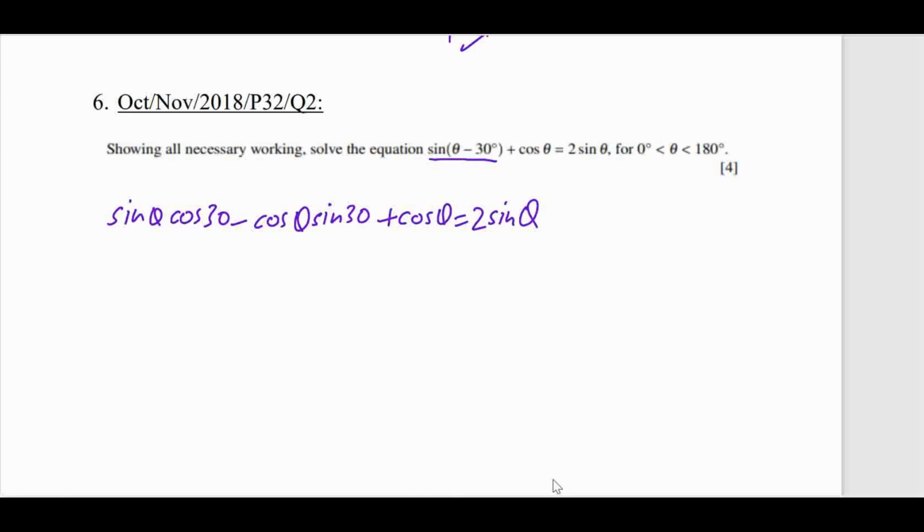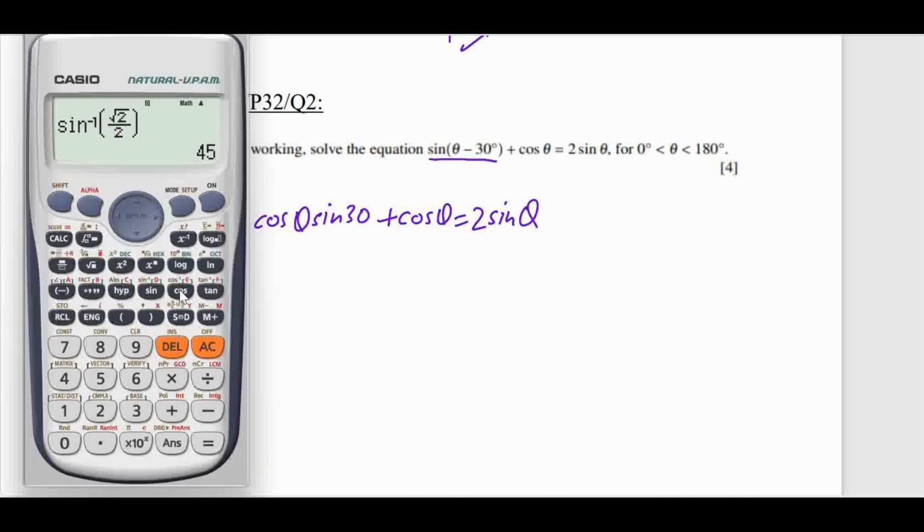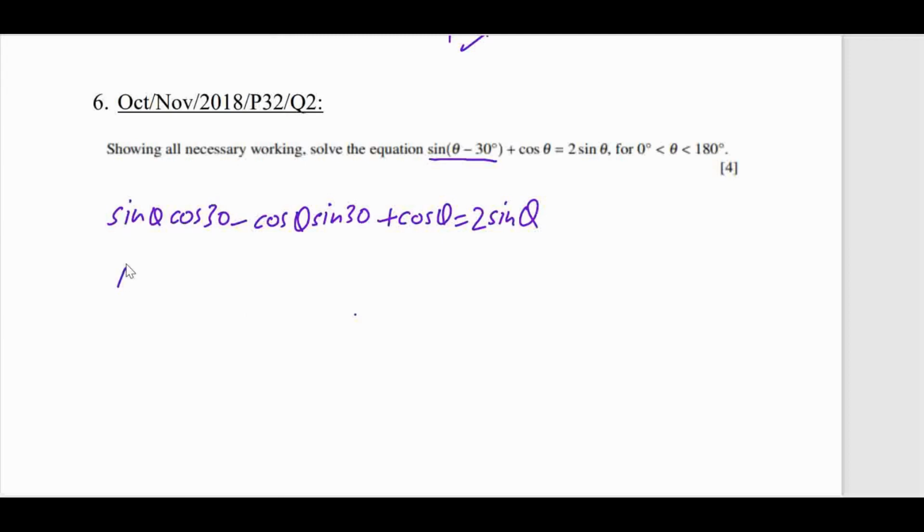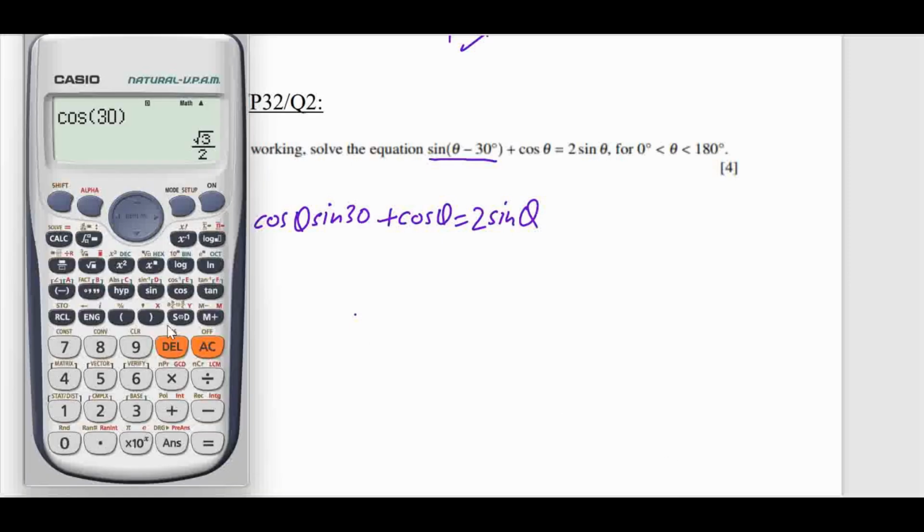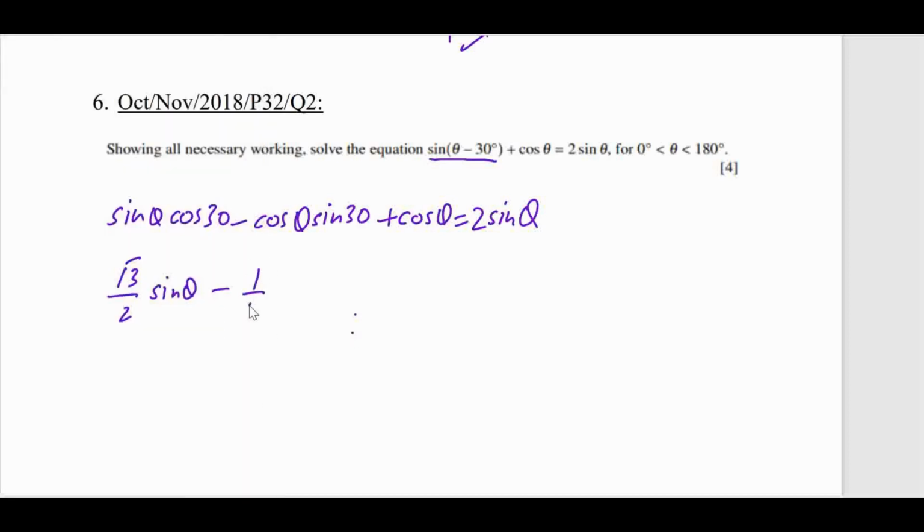Now we have to find out what cos 30 is equal to. Cos of 30 will be equal to square root of 3 by 2. So square root of 3 by 2 sine theta minus sine 30, which is 1 by 2, cos theta, plus cos theta is equal to 2 sine theta.